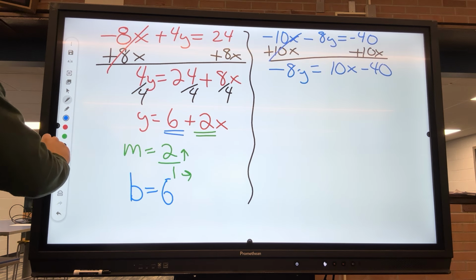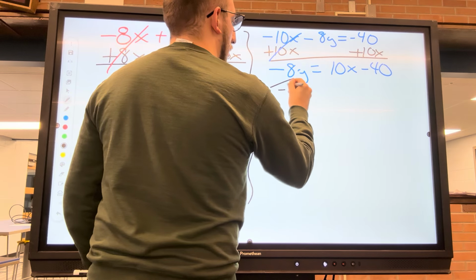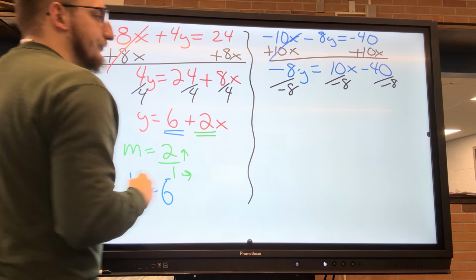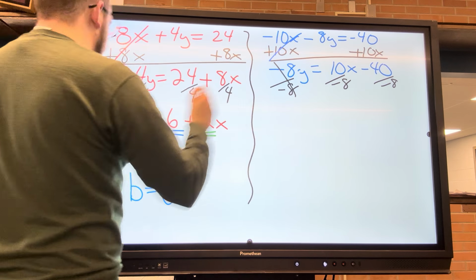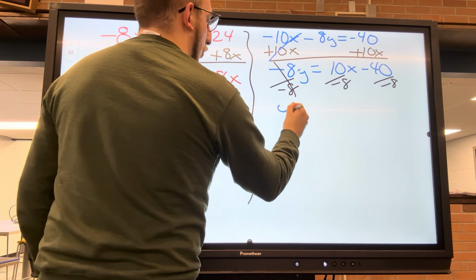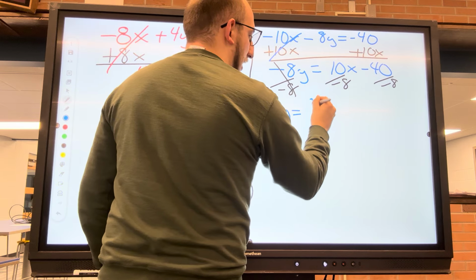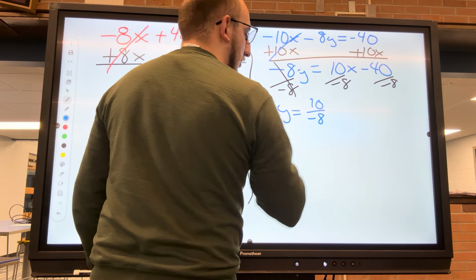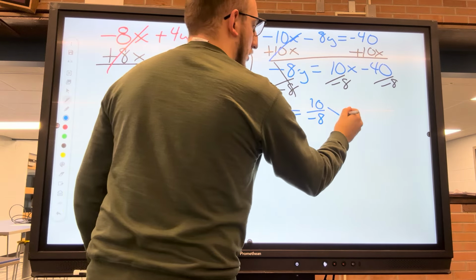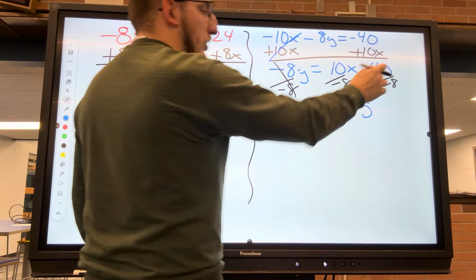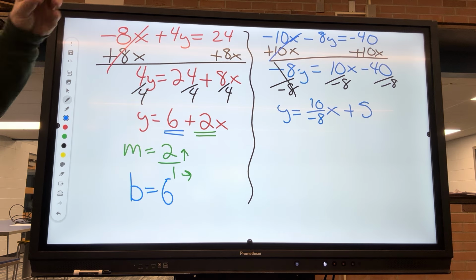And then we divide each term by negative 8. These guys cancel. So we get y equals 10 over negative 8 x. And then can I simplify that? I can, to a positive 5. 40 divided by 8 is 5, and negative divided by negative is positive.